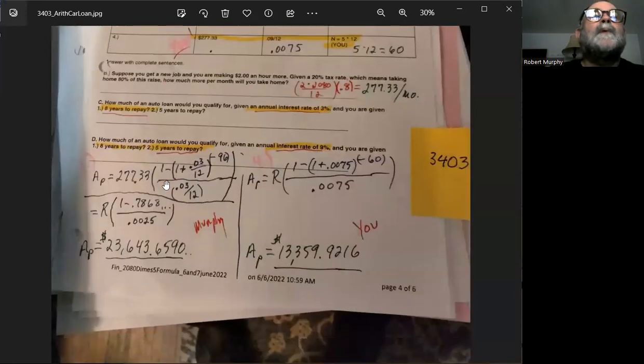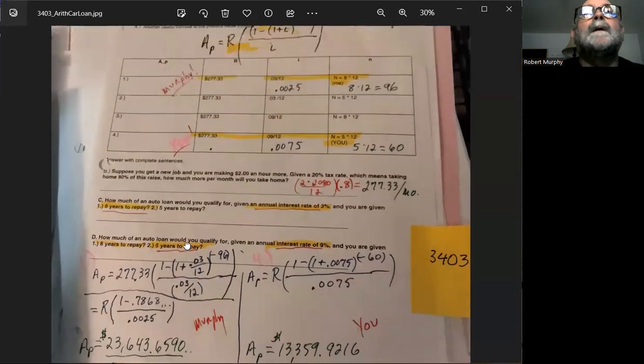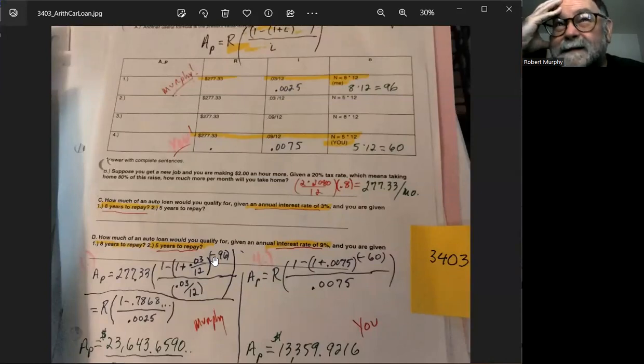And so look what happens with this formula. We have 1 plus 0.03 divided by 12. When you do just that part, you end up with 1.0025. And then you have to raise this to the minus 96 power.